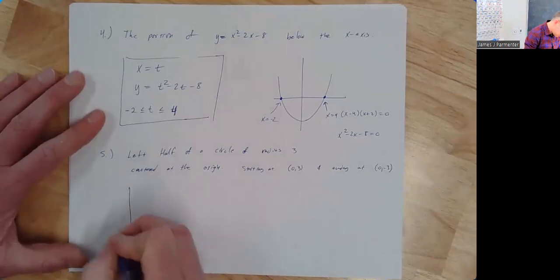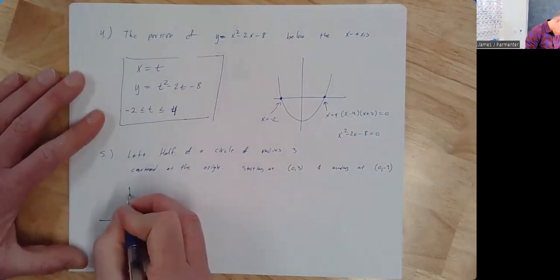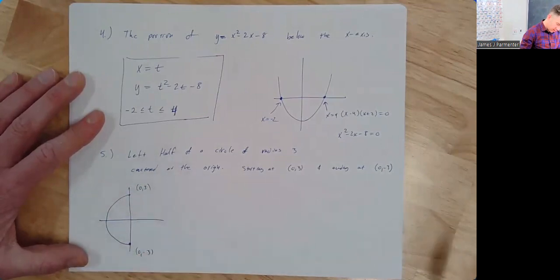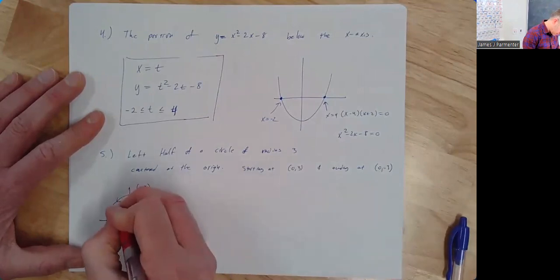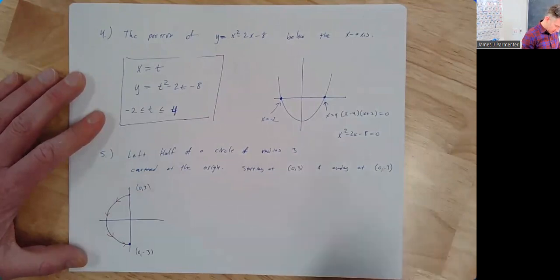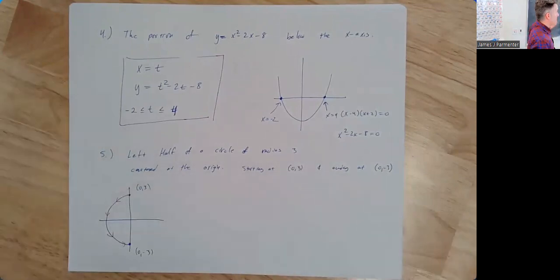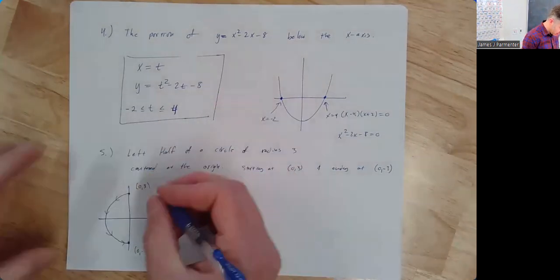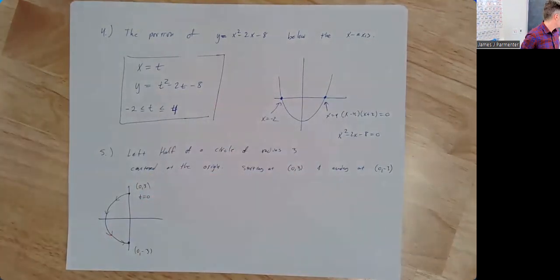Let's draw it. Starting here, we're ending here, and we are definitely going this way. And for me, I would imagine that where I'm starting, unless there's a really, really good reason not to, like in this previous example, usually where we're starting is going to be where time is equal to 0.